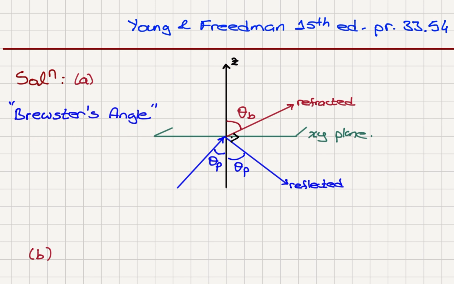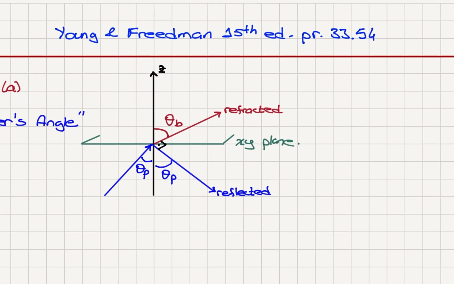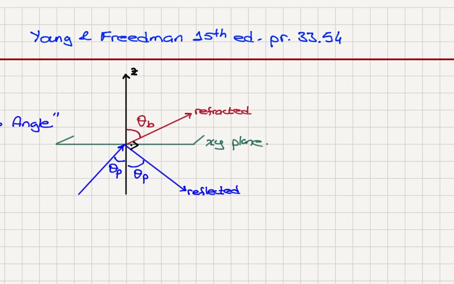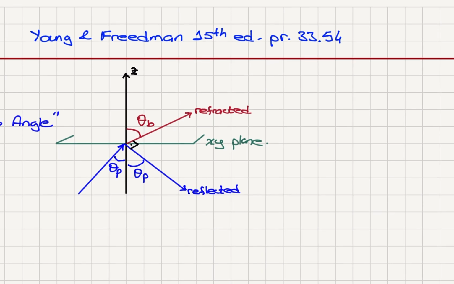When it's incident at the polarizing angle, the angle of refraction is called the Brewster's angle. So we can see from Snell's law that here this is medium 1, and this is medium 2.